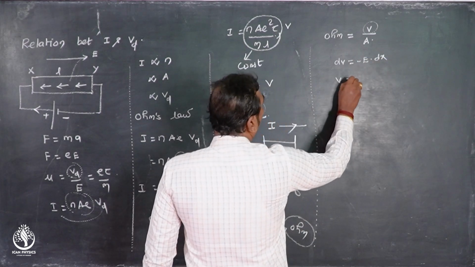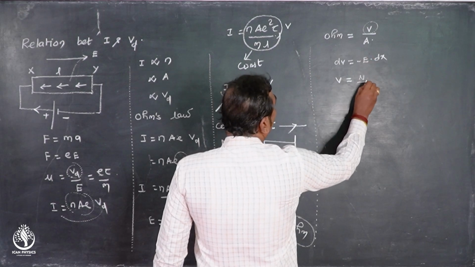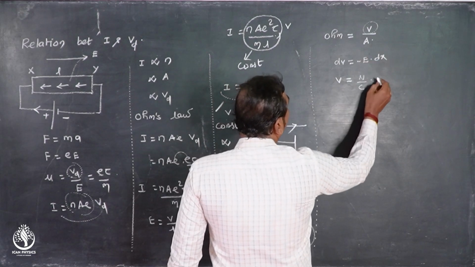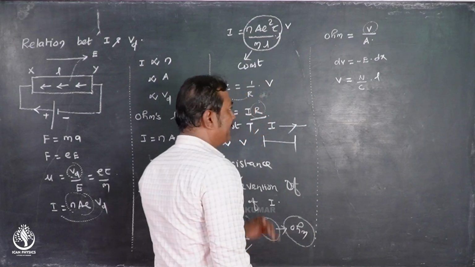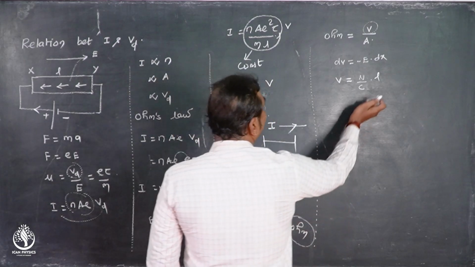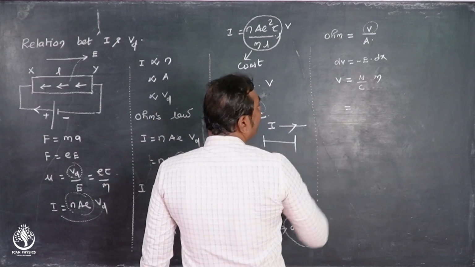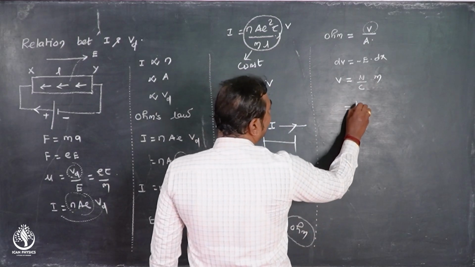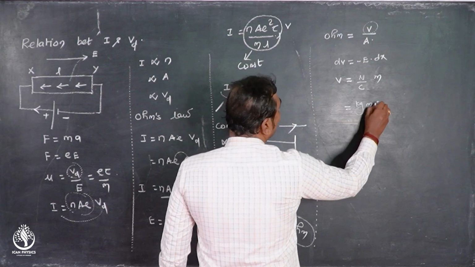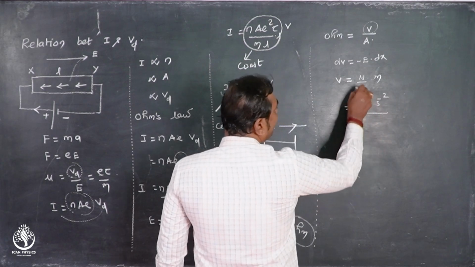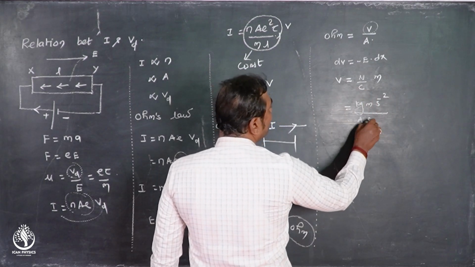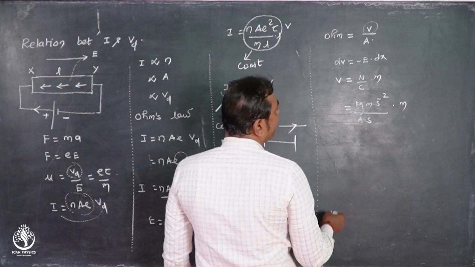So volt we can write as Newton per Coulomb into dx, which is a length. The unit of length is meter. For Newton, F equal to MA, so kilogram meter per second squared divided by Coulomb, ampere second, into meter.